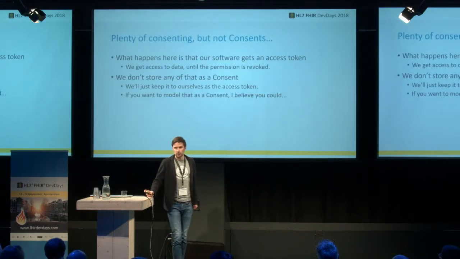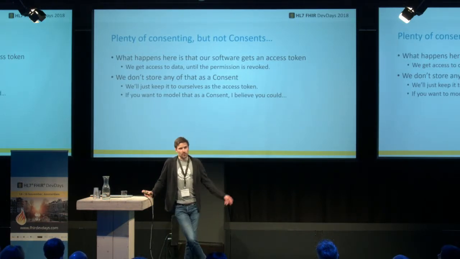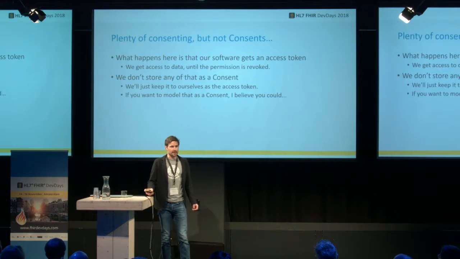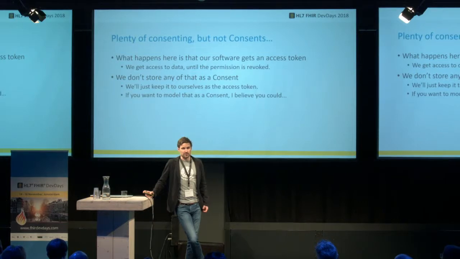And all of that includes plenty of consenting, but not consents as resources. So what actually did happen just now, or when I took the screenshots, is that we didn't get any data when we did the authorization part. We just got the access token. And we don't store that as a consent currently.